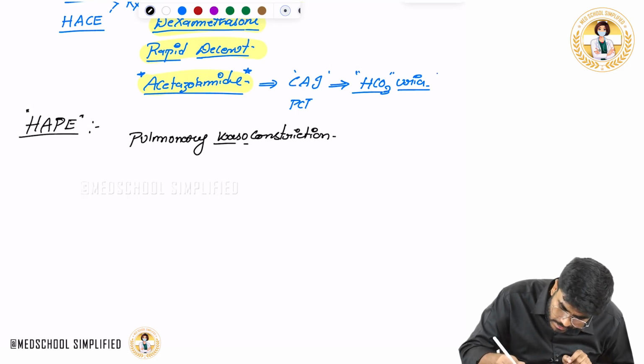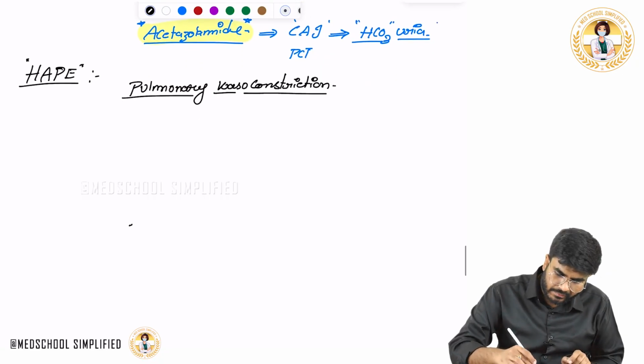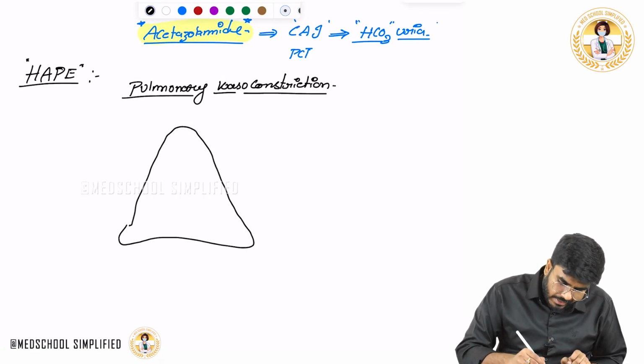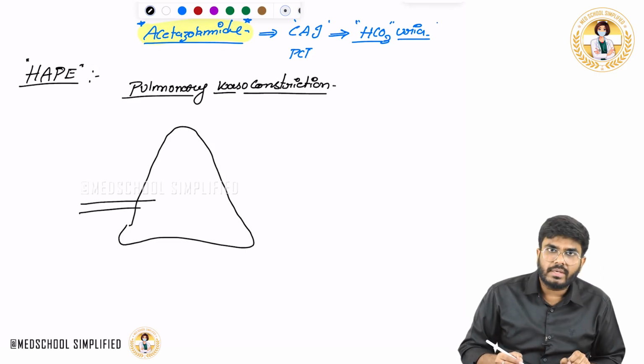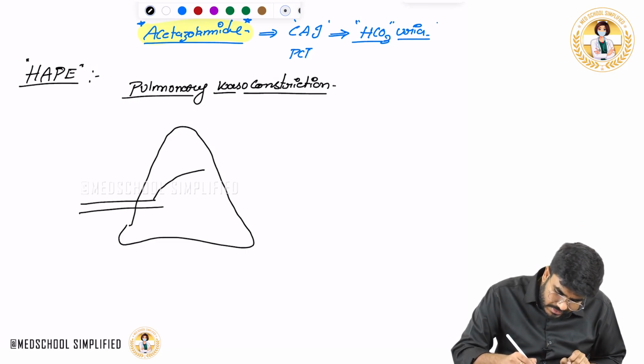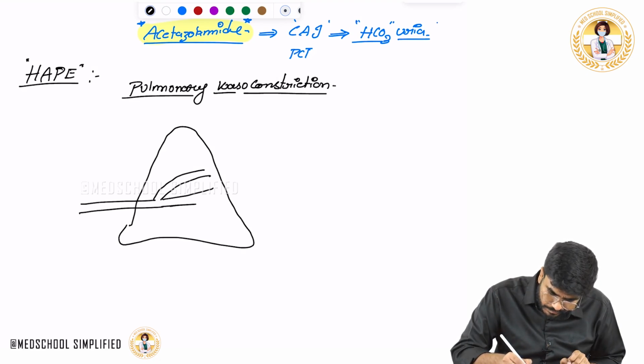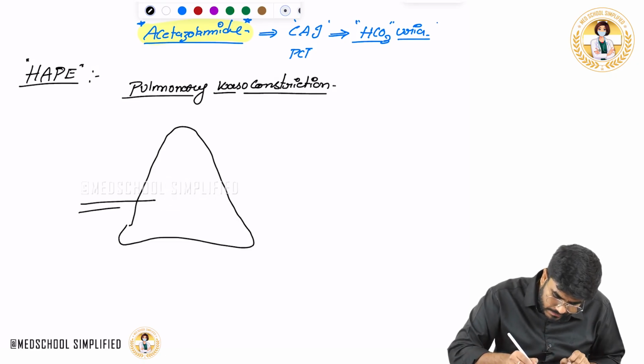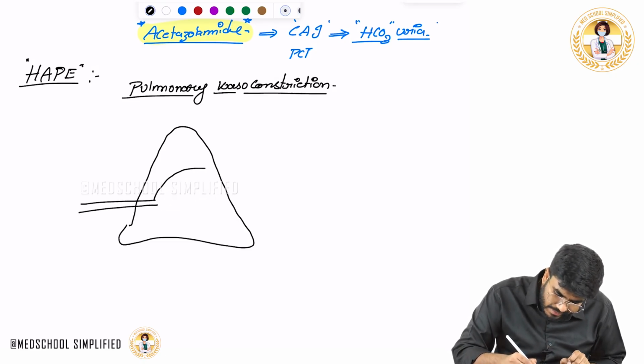So in certain areas of the lung, say here, the blood vessel is going like this, and these blood vessels are dividing, let's say something like this. So there is patchy vasoconstriction, right?